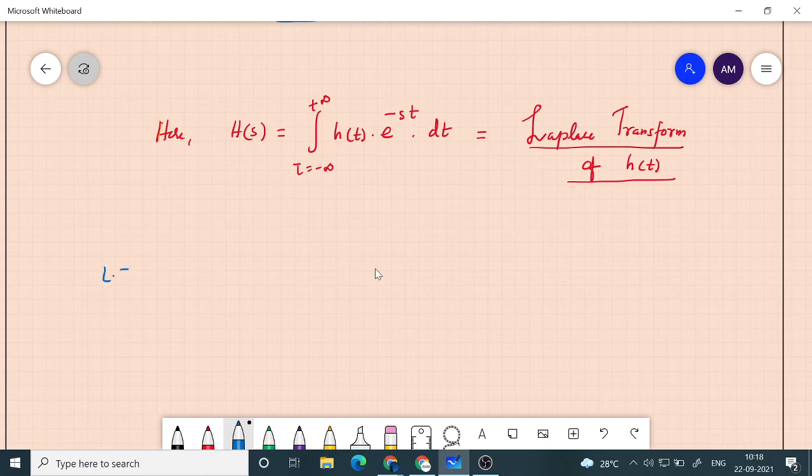So Laplace transform of f of t, okay, I can take f of t also, is equal to integral, tau or t. Okay, so here I have used t, as I should be consistent. If I am using t, I should use t everywhere. If I am using tau, I should use tau everywhere. Okay, so let me just delete this.